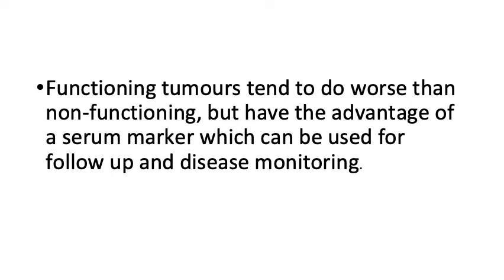Functioning adrenocortical carcinoma tends to be more malignant than the non-functioning, and the prognosis will be worse. But these functioning tumors have the advantage of serum markers, which can be used for follow-up and disease monitoring.